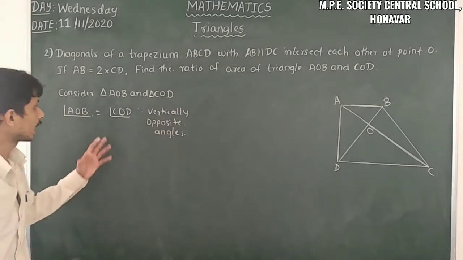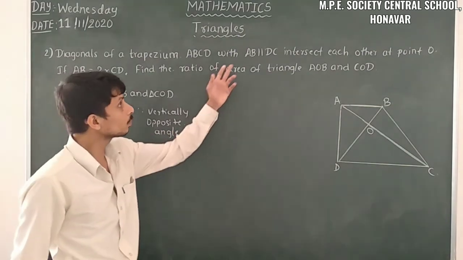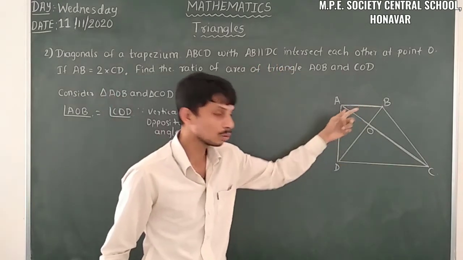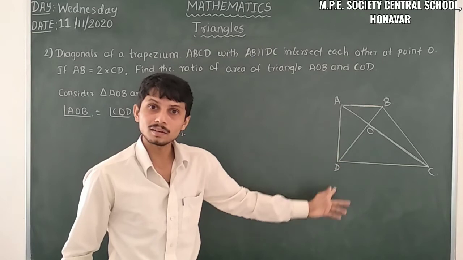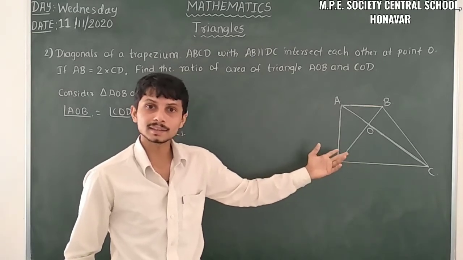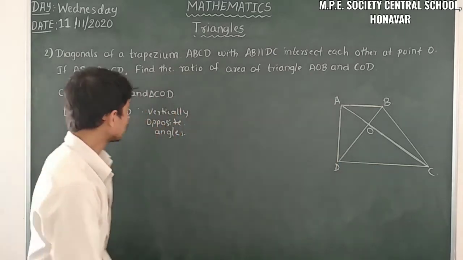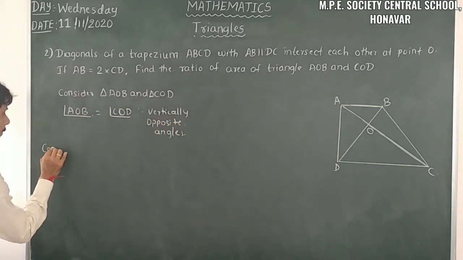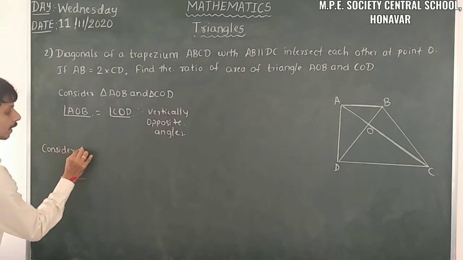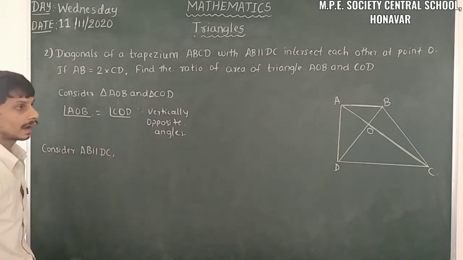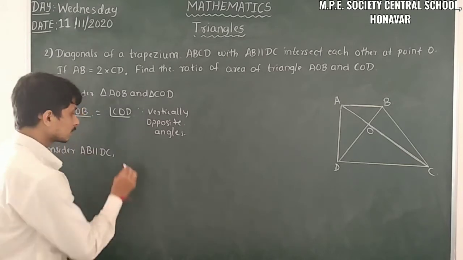Then, we know that AB is parallel to CD. So the diagonals can act as a transversal. So consider AB parallel to DC, and AC is a transversal.